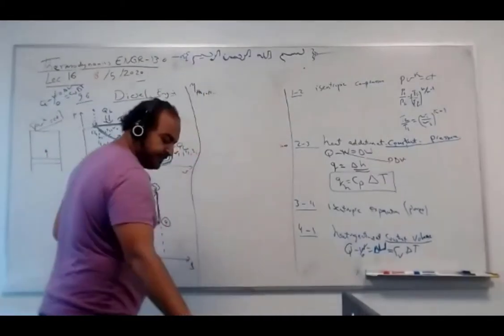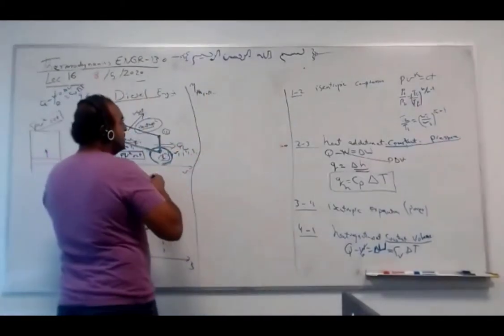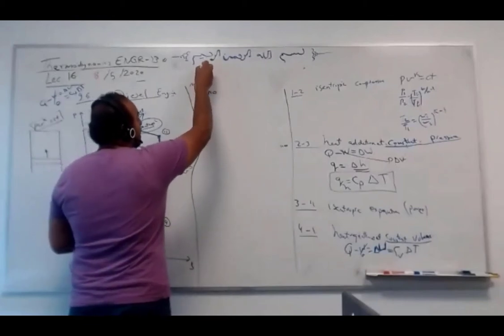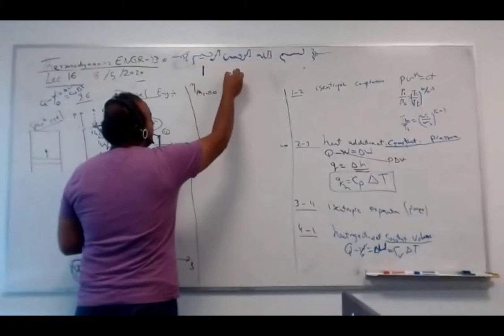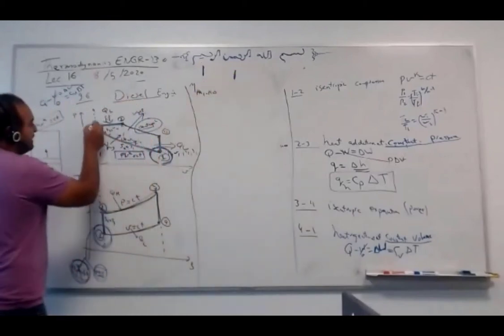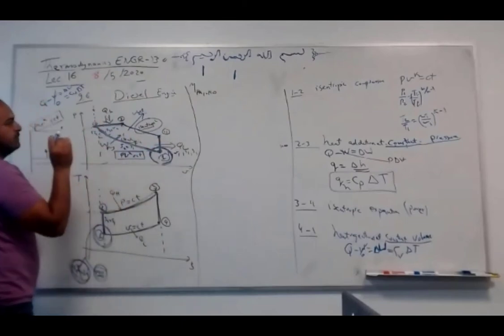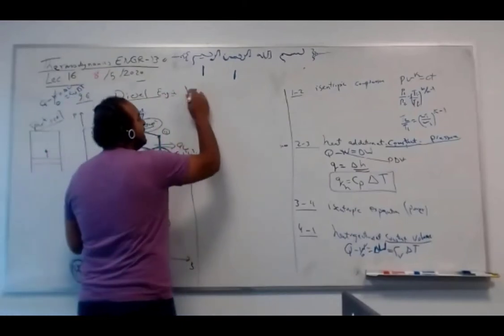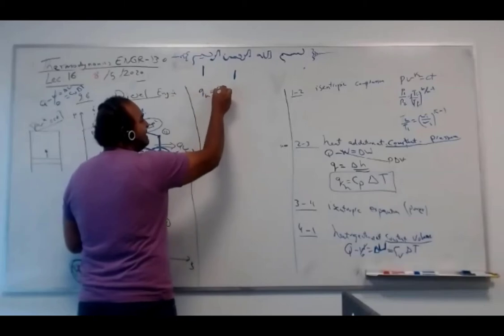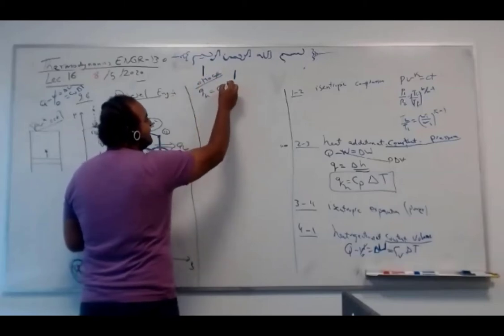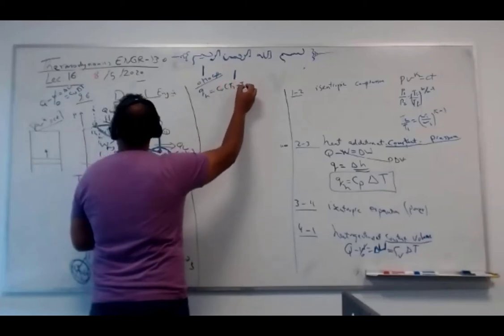Look at this. In the Otto cycle, guys, the heat addition and rejection are at constant volume. If you plot this, this was vertical, this was vertical. That's why Q high is CV delta T, which is T3 minus T2.